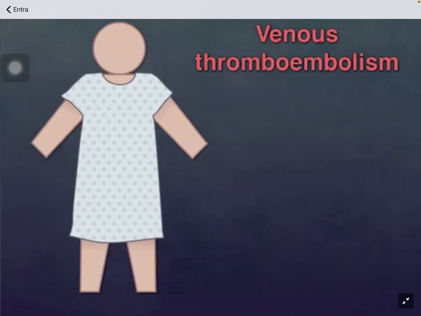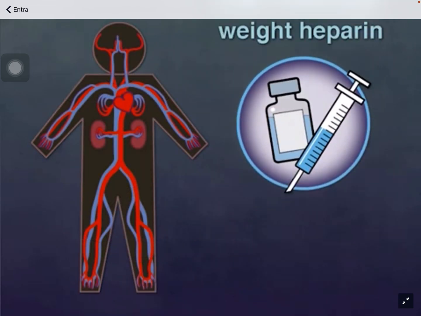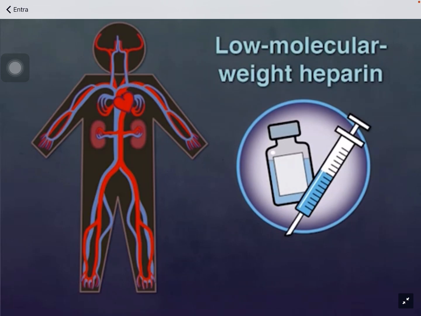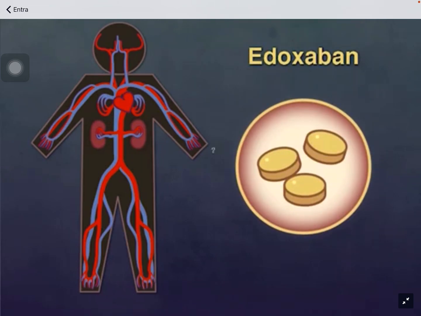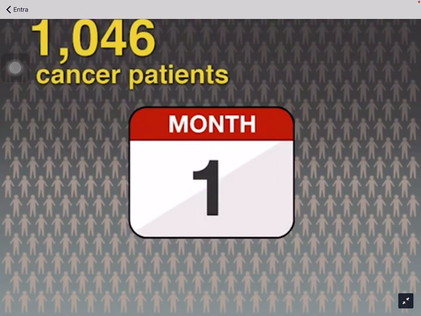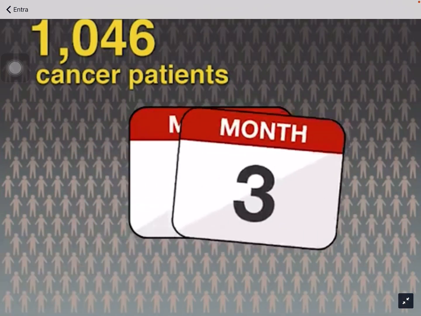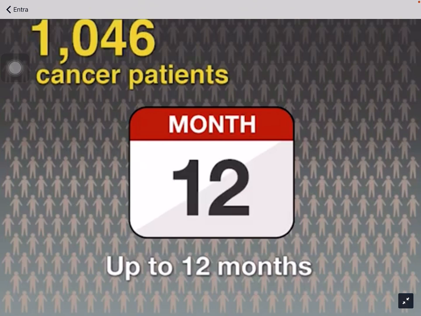Venous thromboembolism is a common complication of cancer. While subcutaneous low molecular weight heparin is the standard treatment for cancer-associated venous thromboembolism, the role of direct oral anticoagulants is unclear. A randomized open-label non-inferiority study of 1,046 patients with cancer and confirmed venous thromboembolism tested the efficacy of anticoagulant therapy for up to 12 months.